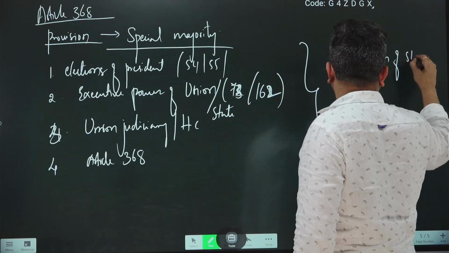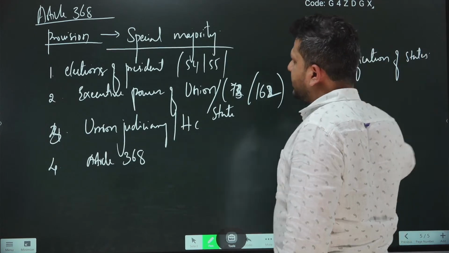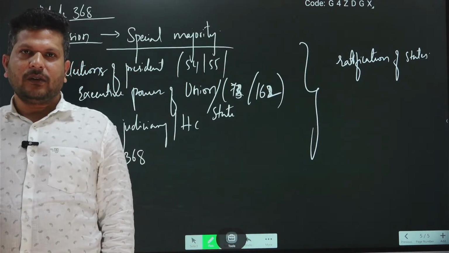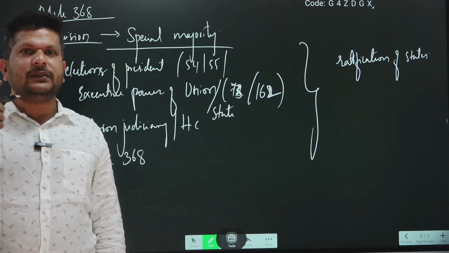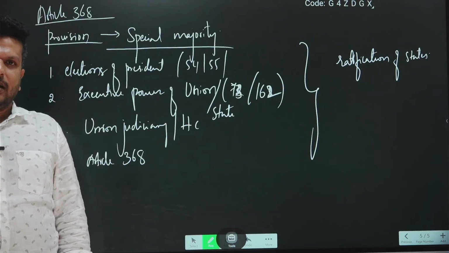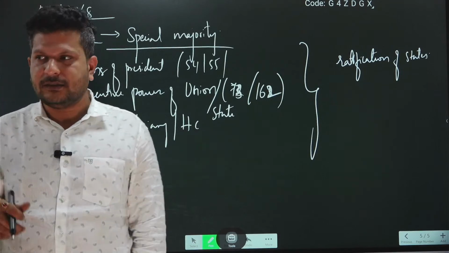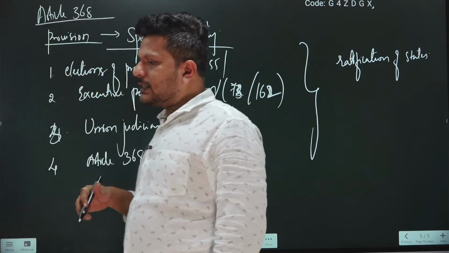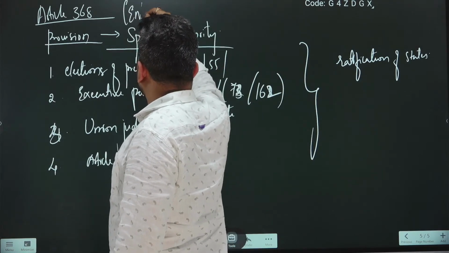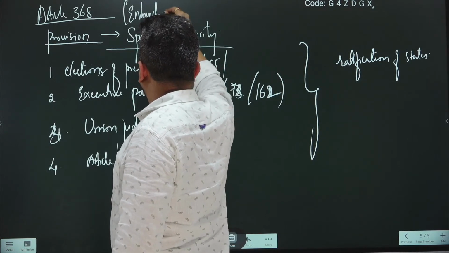All these provisions affect the federal structure of the country which we have established under the constitution, and these require ratification by half of the states. These provisions are also called entrenched provisions.